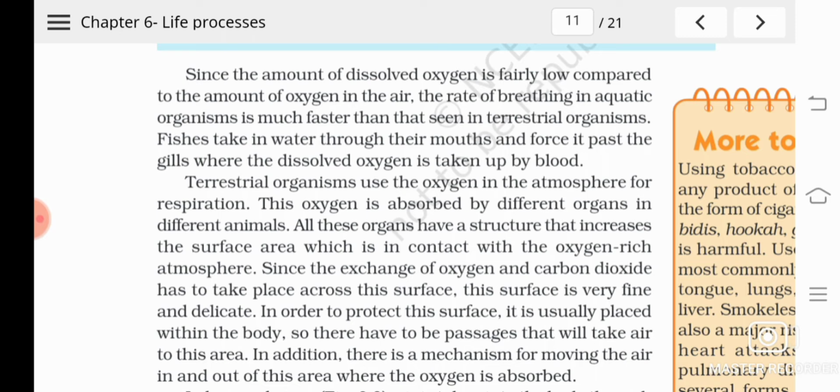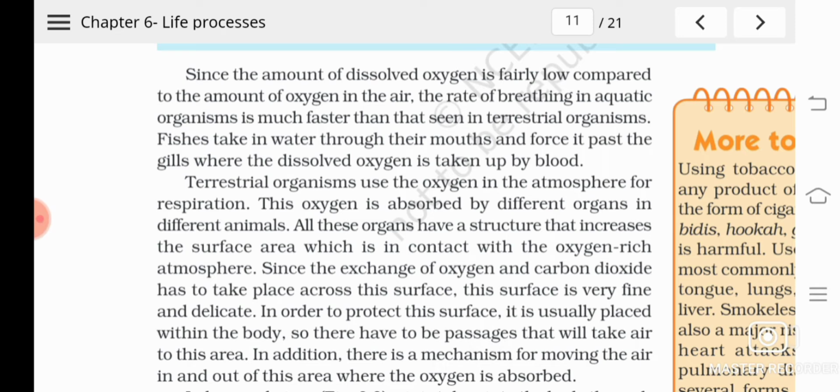If you see a fish in the aquarium, you can see that they open their mouth. How do they respire? They also take dissolved oxygen, isn't it? Water will be continuously entering through their mouth. Between the mouth and the gill slits, you can see the operculum moving up and down if you observe a fish in the aquarium.